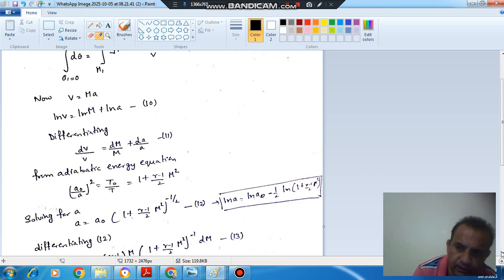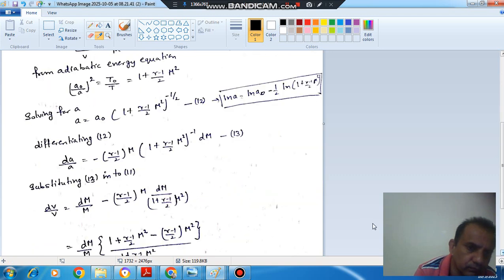So if we differentiate it, then this will be da by a, and the term d of ln a naught will be 0 because it is constant. This will be minus gamma minus 1 by 2 into 2M into 1 by 2, divided by 1 plus gamma minus 1 by 2 M square into dM. So this is the representation you can do.